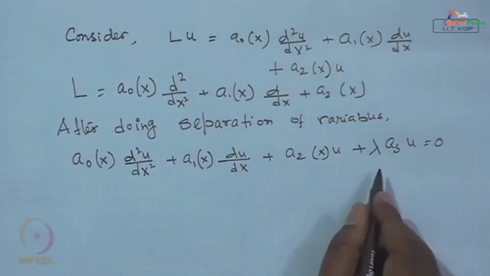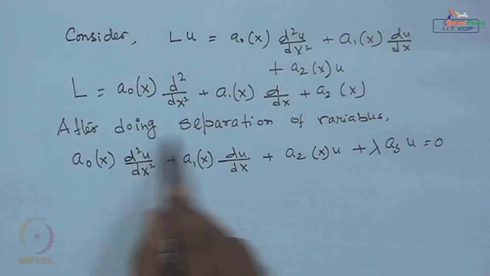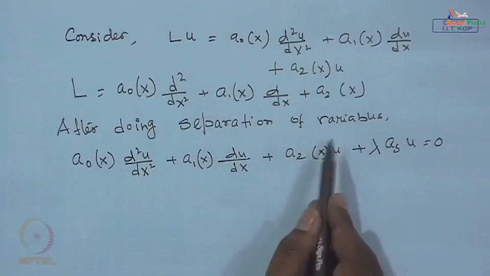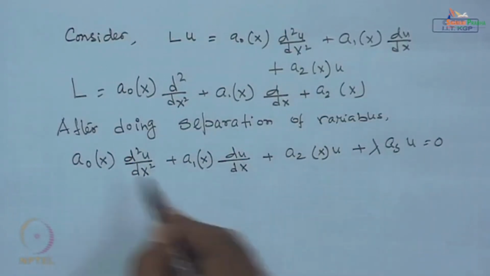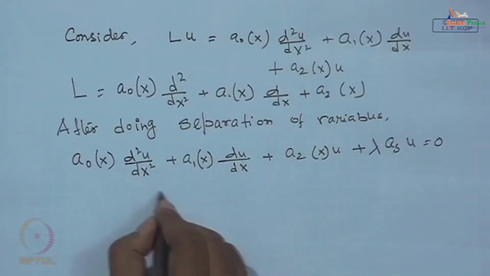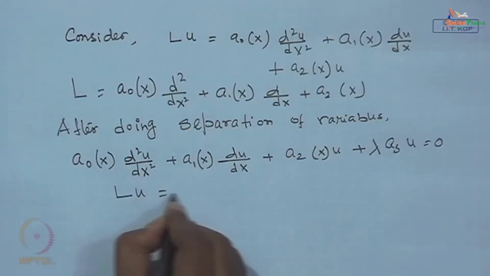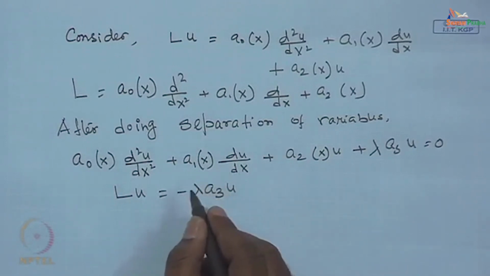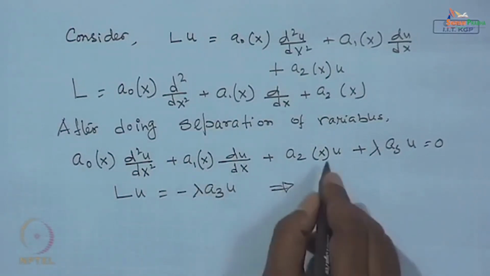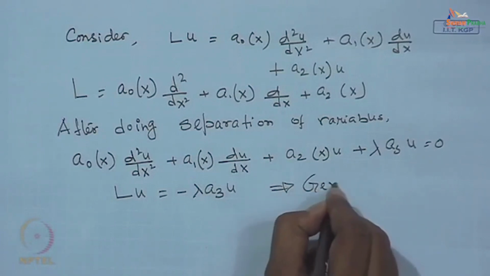Just consider this equation, and we will be doing the actual separation of variables later on; for the time being just take this equation as granted. It is basically in the form of L u is equal to minus lambda a 3 u. So, this is a generalized form of the equation.